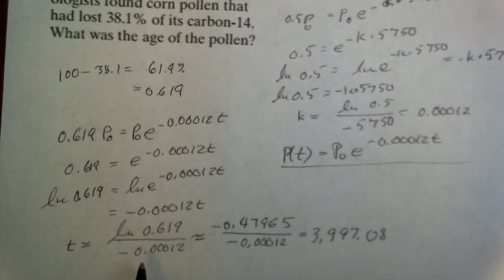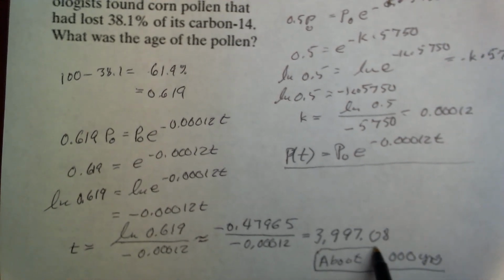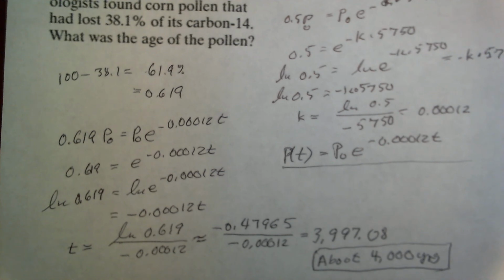So the ratio of the ln of 0.619 divided by minus 0.00012 is then equal to 3,997.08. So you can say about 4,000 years. So that is how carbon dating is actually used. So that's the age of the pollen.